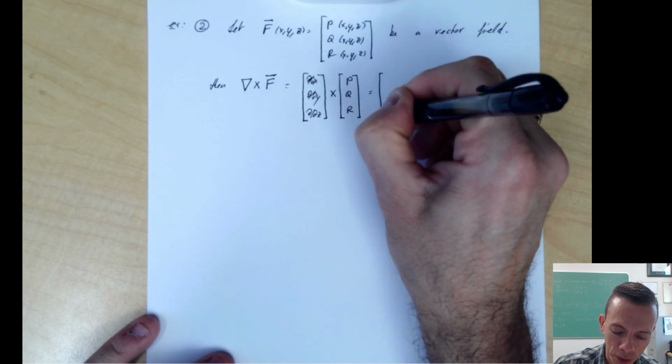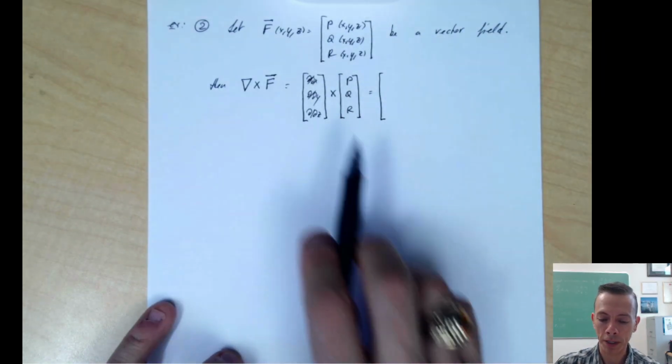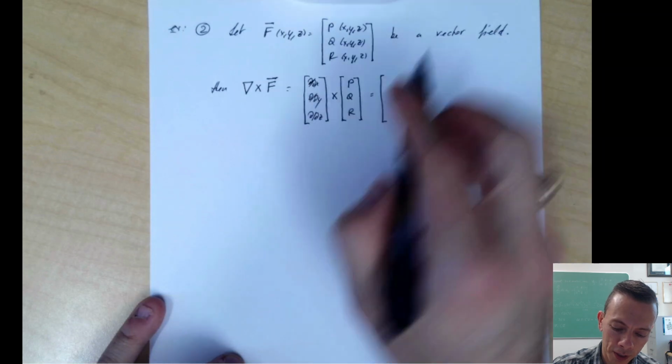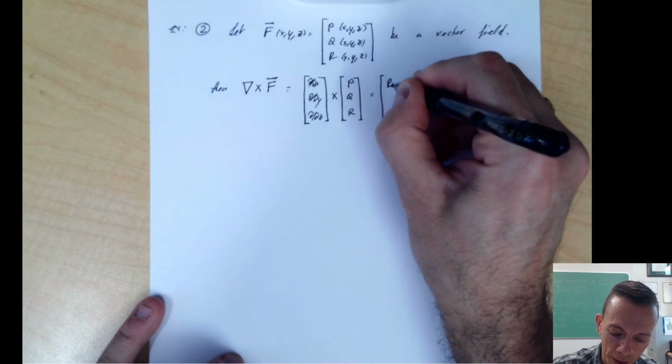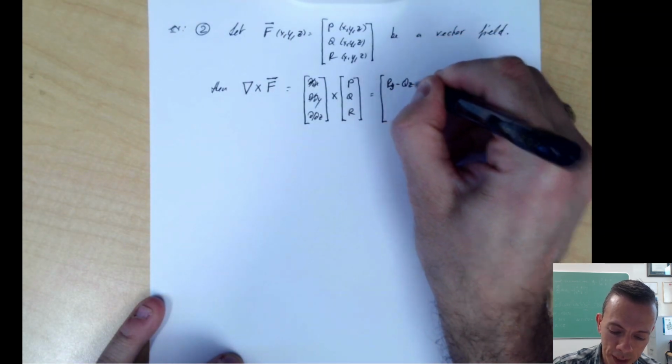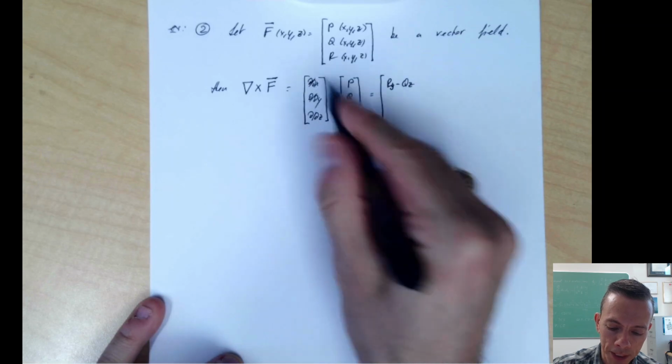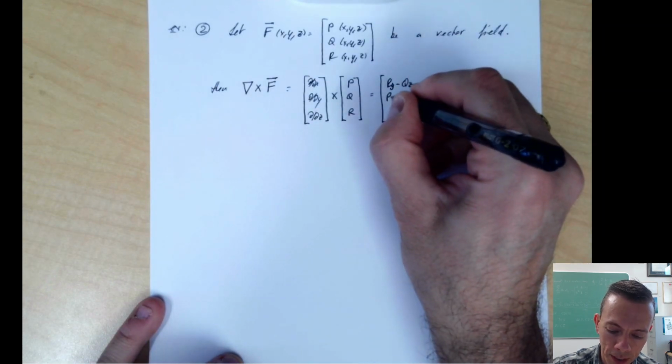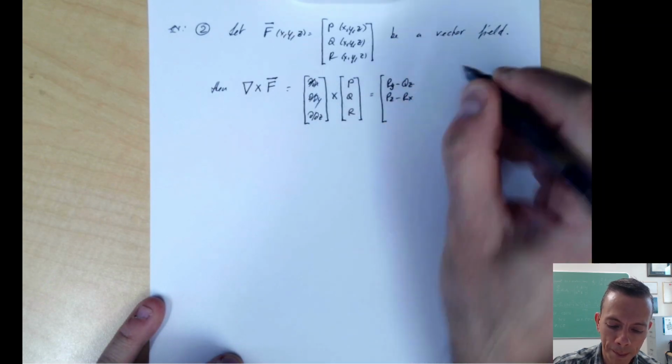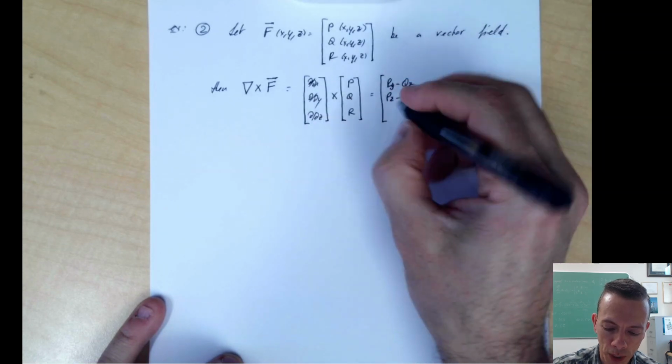And if you compute this cross product using whatever mnemonic you have learned it with, you obtain ry minus qz, pz minus rx, and qx minus py.